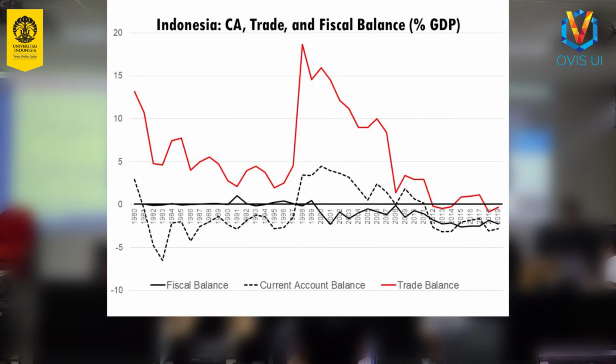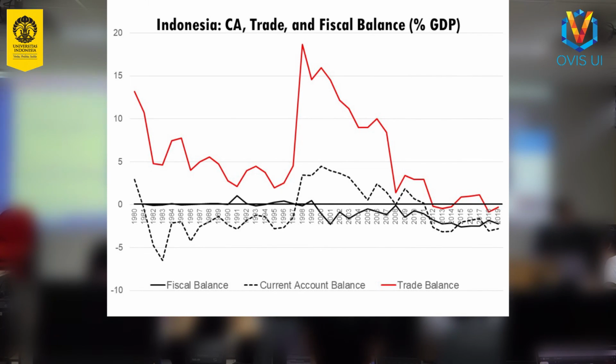Once you understand those accounts, and today I'm talking about the balance of payments account, then you see the difference between trade balance and current account balance. So that dotted line is the current account balance. The red one is the trade balance, the dotted line is the current account balance. Both of them are within one account, which is called the balance of payments.